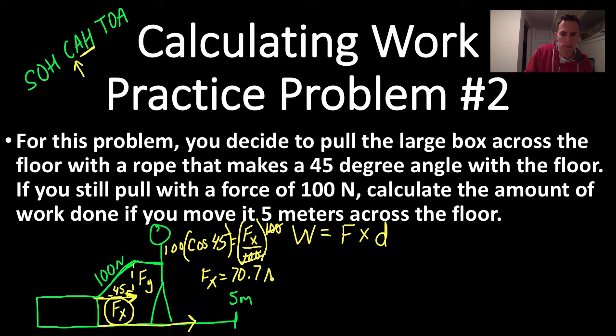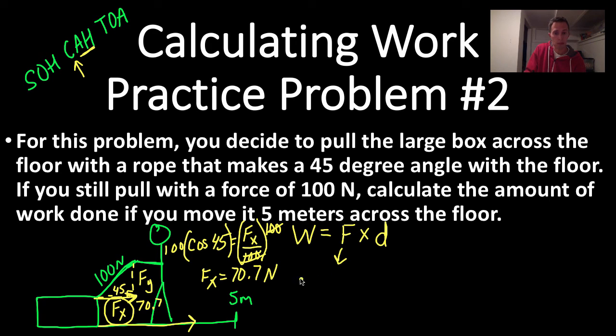If we label our diagram, 70.7 newtons goes in for Fx. And so when we calculate the work, we can't use all 100 newtons of force that you're pulling on that rope with because it's at an angle. We're looking for the component of that force that is parallel to the motion that the box is moving. And so we're going to use Fx.